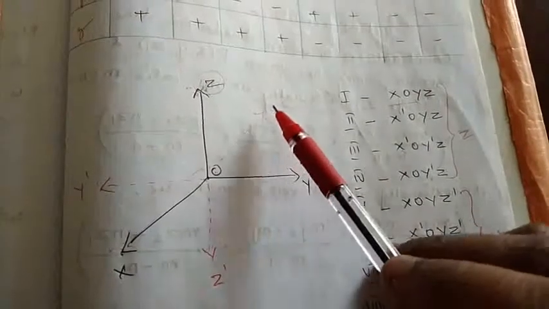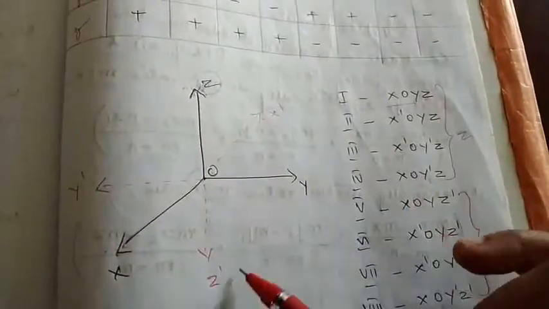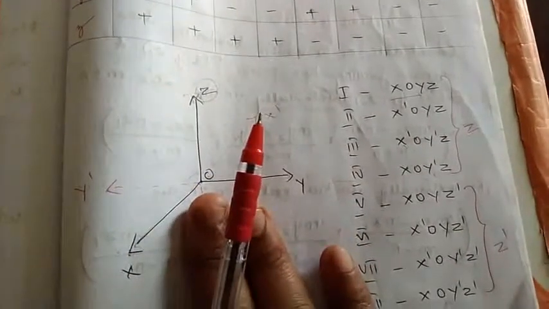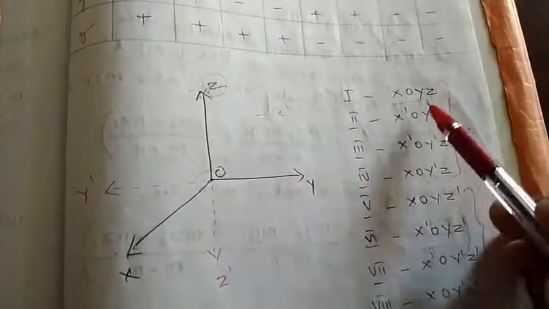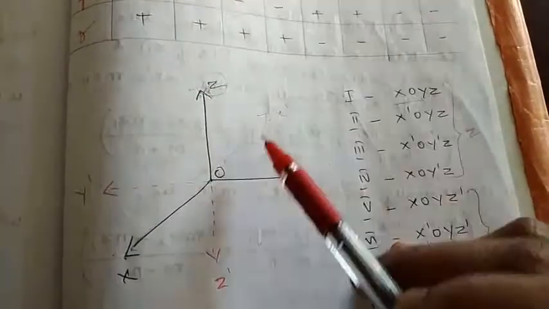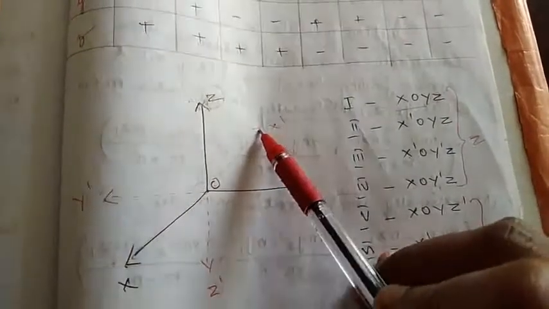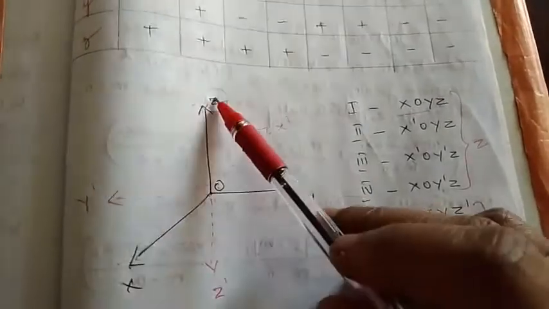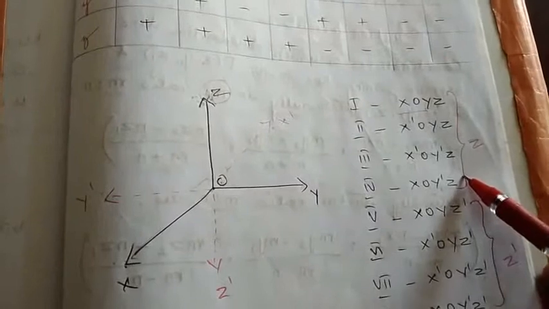We are not going to bother about z dash now. Then x dash, o, y, z will be your second octant. Then x dash, o, y dash, z will be your third octant. Then x, o, y dash, z will be your fourth octant.